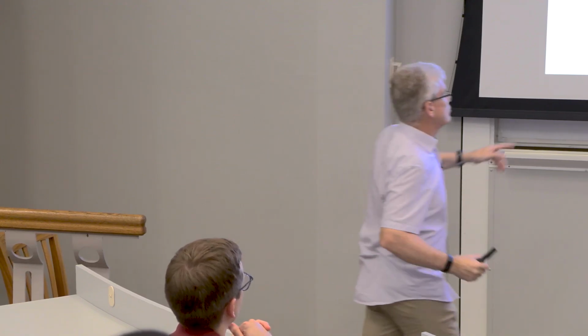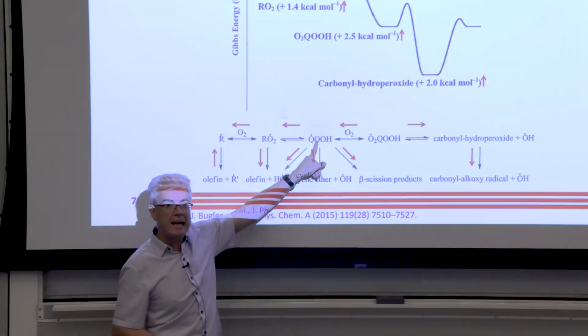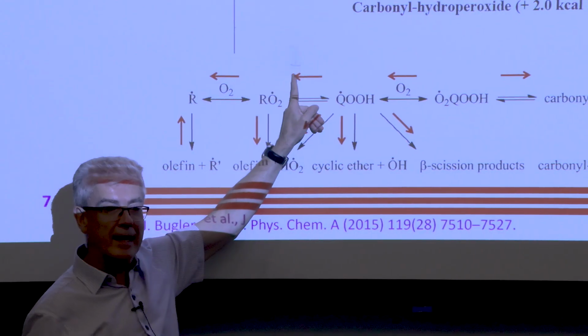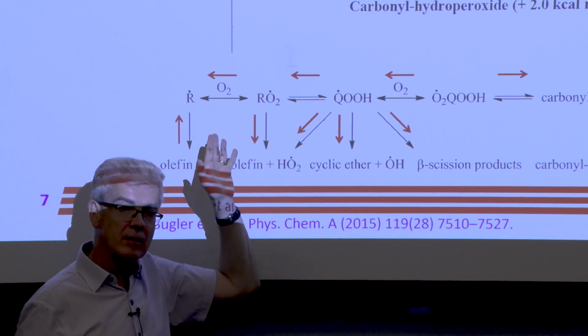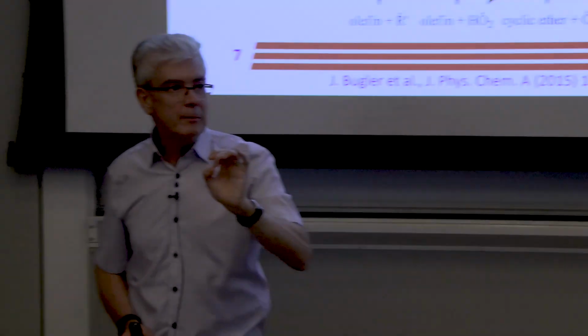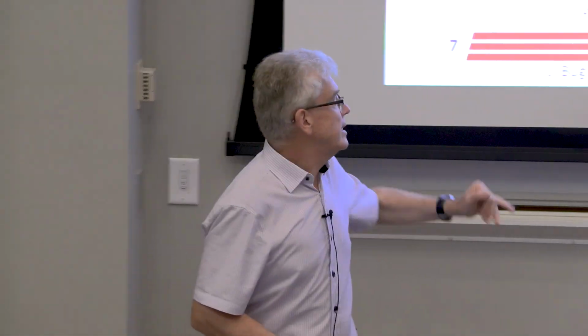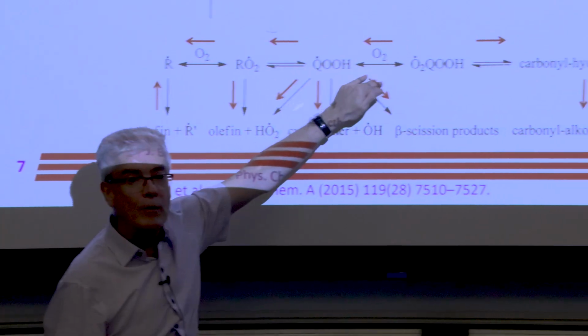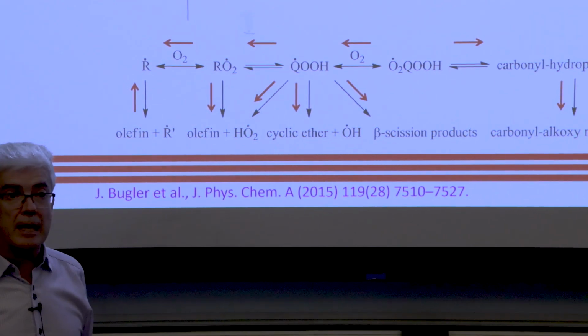But if I want to generate a QOOH species, the barrier to that species is on average 0.2 kilocalories per mole higher. So again, it doesn't want to, it's slightly harder to go to QOOH by 0.2 kilocalories per mole. So that arrow's pointing backwards, okay? So just by changing the thermochemistry, we're making the species stay as alkyl radicals rather than go forward to QOOH radicals. Does that make sense?